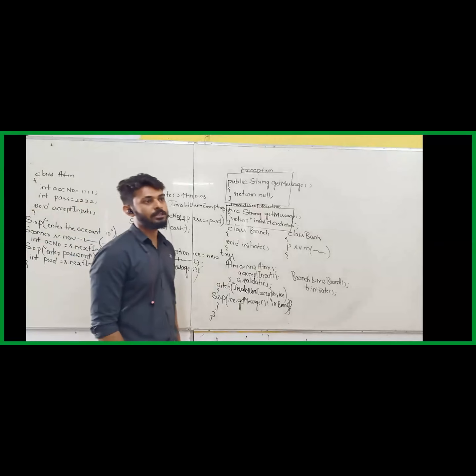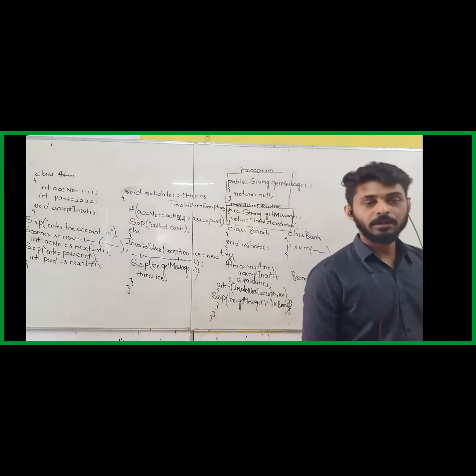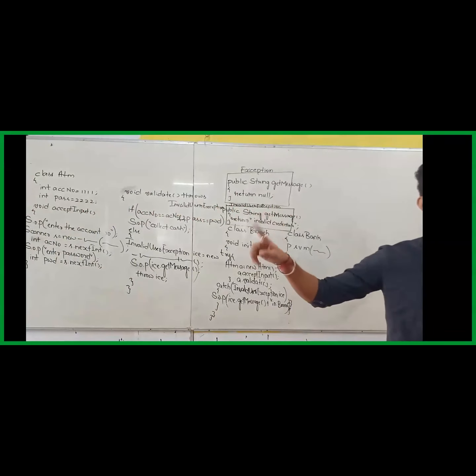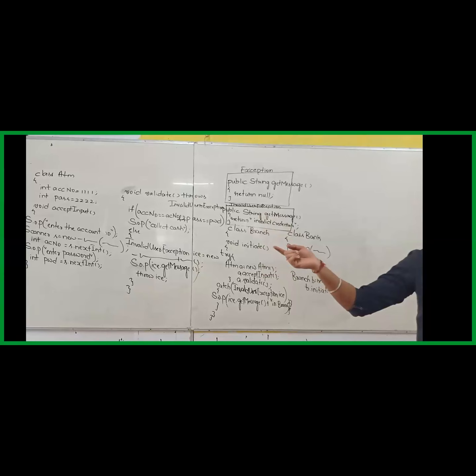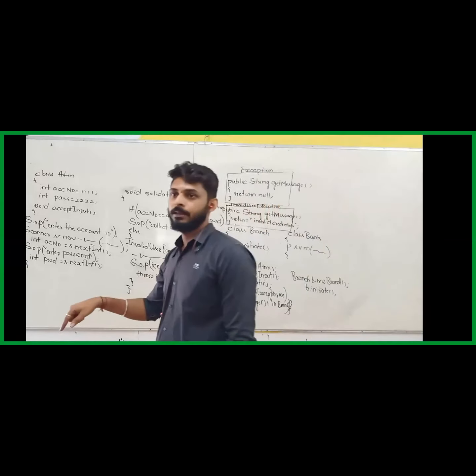Propagation. If there is fun1, fun2, fun3, main, you remember? I created one fun1 method within which all those statements were the division of numbers, and fun2 where I call fun1, fun3 where I call fun2, and the main method where I call fun3. Now if an exception occurs in fun1 and there is no user defined exception handler, where will it go?